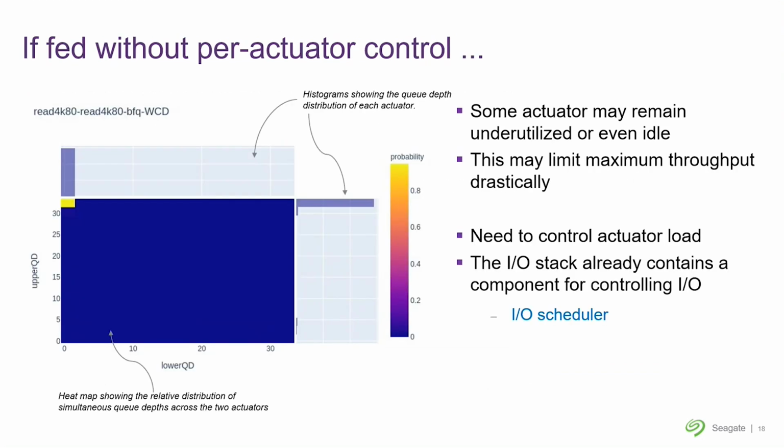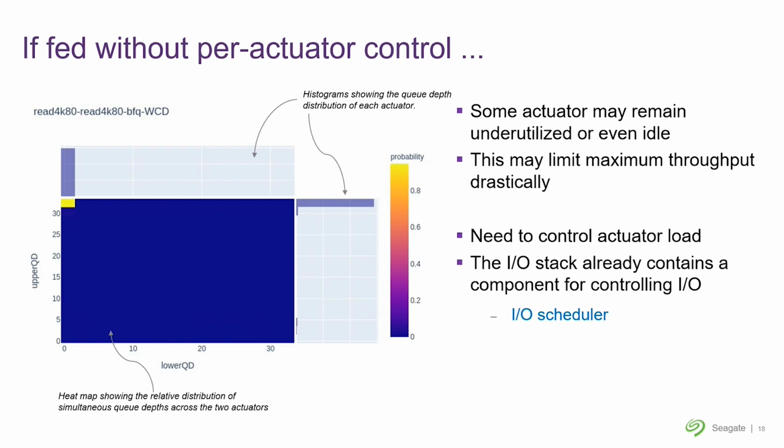So this is a look at a heat map developed by a Seagate architect, testing done by our FOSS team, where we have a SATA drive and it's being fed an unoptimized, unmodified BFQ IO scheduler. And what's happening here is if you look at this heat map, on the left you see upper Q depth and you see lower Q depth along the lower axis.